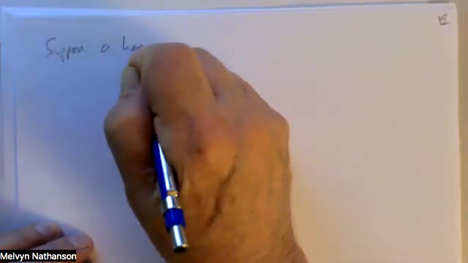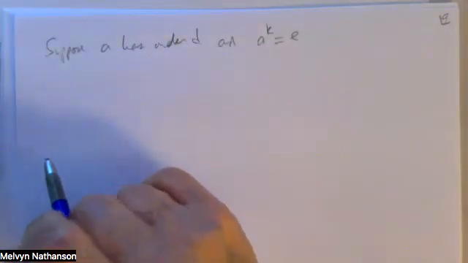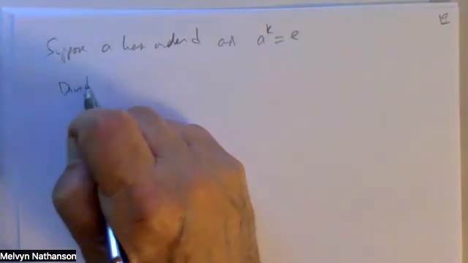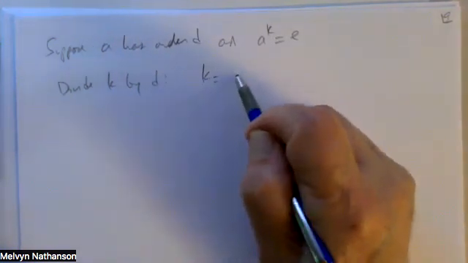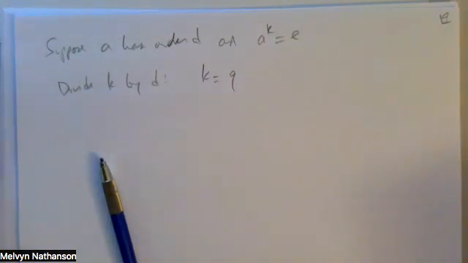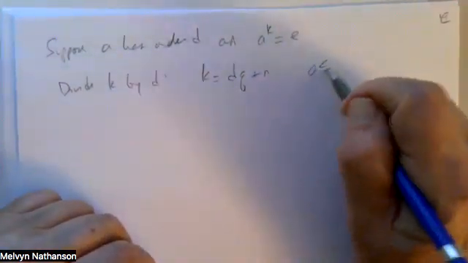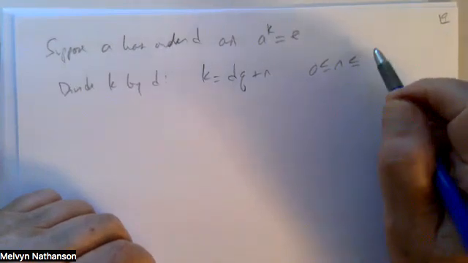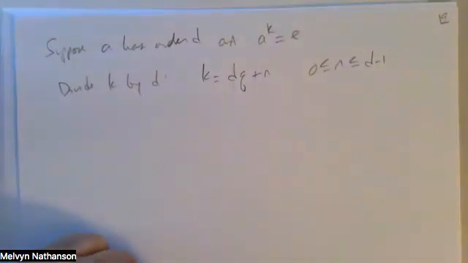Now, suppose a has order d and k is an integer such that a to the k is the identity. If you divide k by d, what do you get? k is d times some quotient q plus the remainder, where the remainder, since you're dividing by d, is a non-negative integer no bigger than d minus 1.